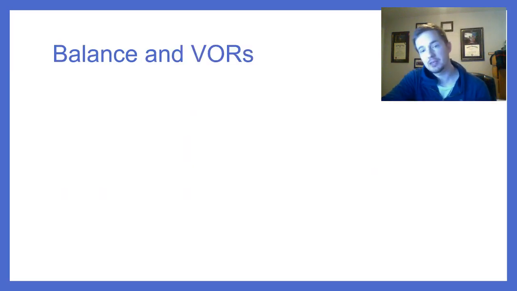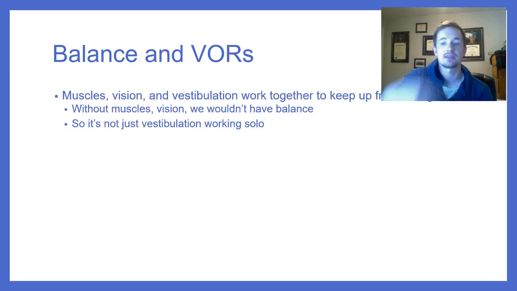The next is going to be both balance and the vestibular ocular reflex. On one hand, our sense of vision is going to help us maintain balance. So it's not just vestibulation by itself. How do we know this? If you ever try walking on a thin piece of wood, or if you are on a tightrope or slack rope or whatever, and you try closing your eyes, it's really, really hard to do that.